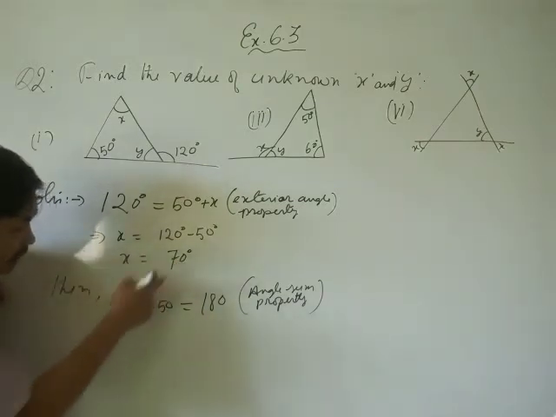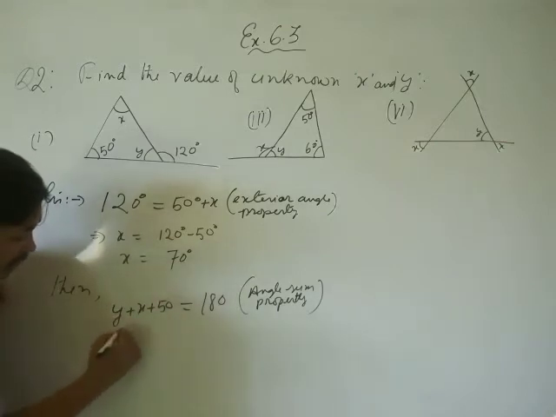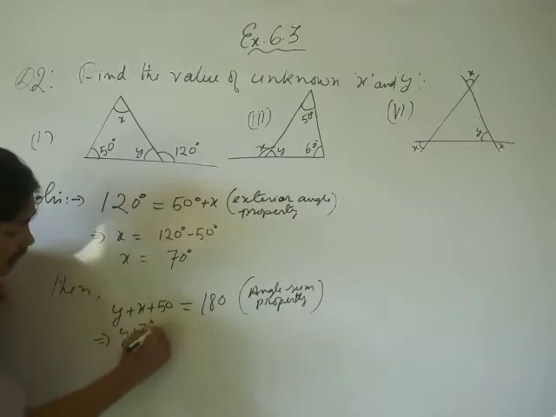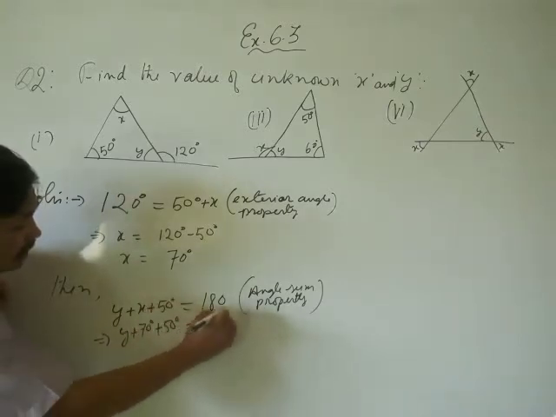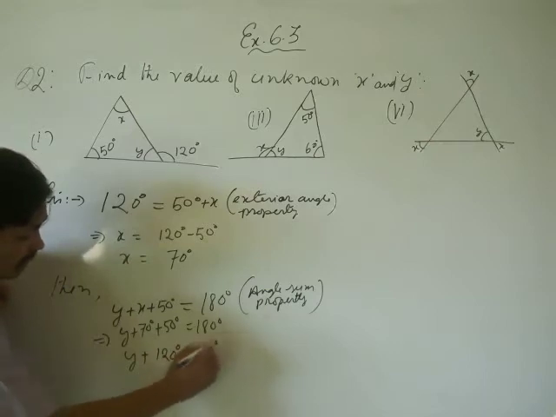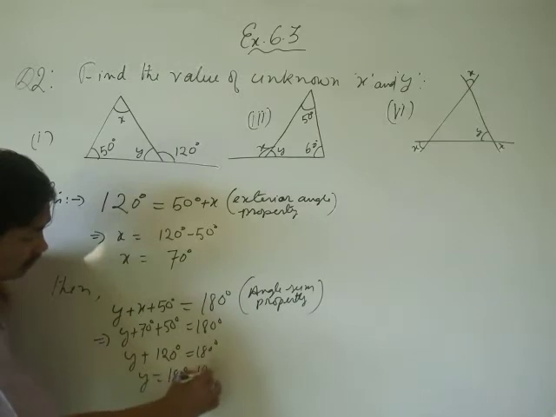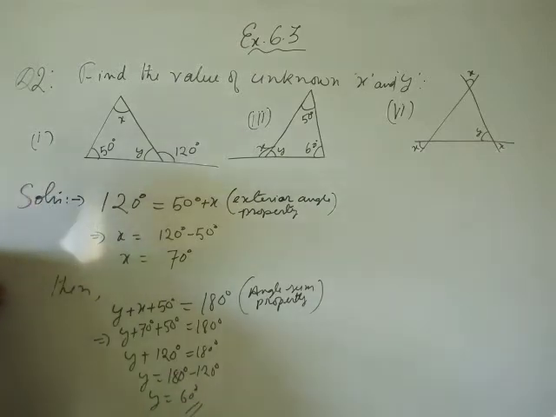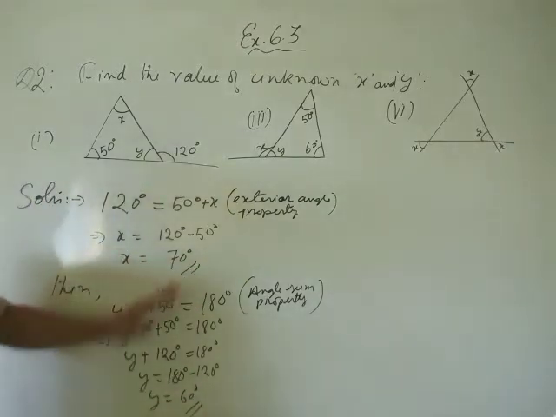Sorry, x must be 70. 70 plus 50, how much? Yes, let us write that this was y plus 70 degrees plus 50 degrees equal to 180 degrees. Then y plus how much? 120 degrees equal to 180 degrees. Then y is equal to 180 degrees minus 120 degrees. That is y is equal to how much we get here? 60 degrees. Now we get y is equal to finish. So x equal to 70, y is equal to 60.